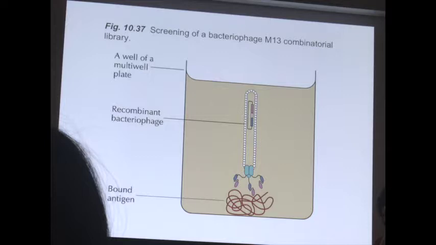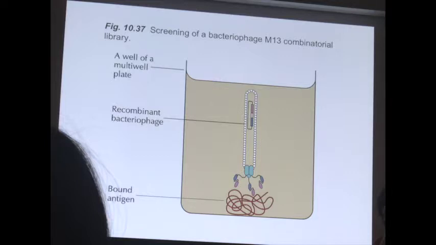And what we're going to do is, to the microtiter plate, we will bind our target antigen. So if the target antigen is a protein that's supposed to be on the surface of a cell, okay, we have to isolate that and we bind it, and that's shown here in the red squiggly bit.